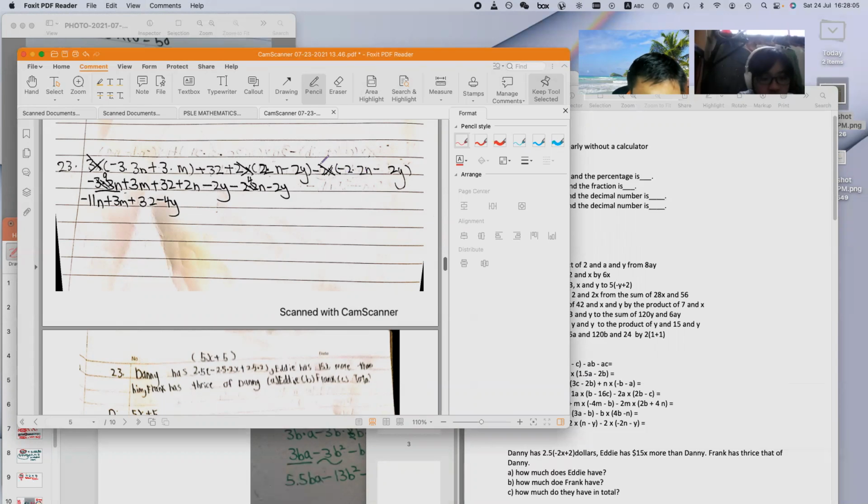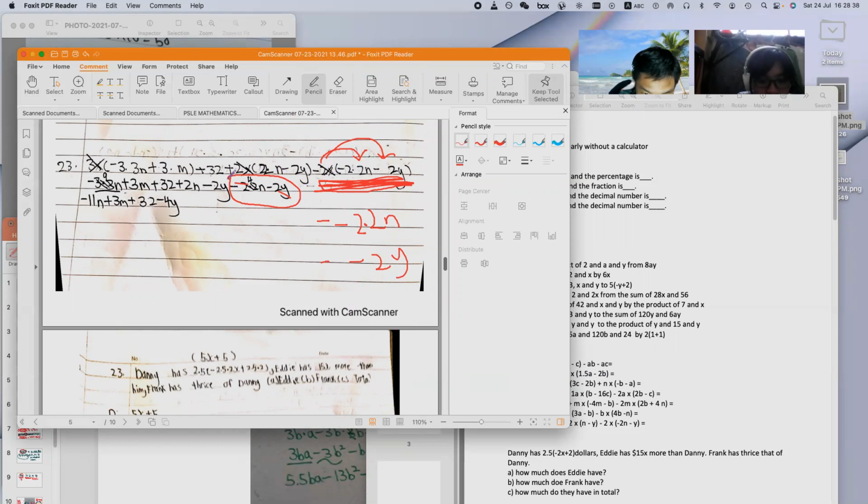Similarly, for this question, I want to see, you need to show me the arrow. Okay. So if I just pick this part only, I'm supposed to see first arrow minus 2 times 2n, second arrow minus 2y. Am I right? Yeah. You see, you are wrong. You skip the sign already for this part.